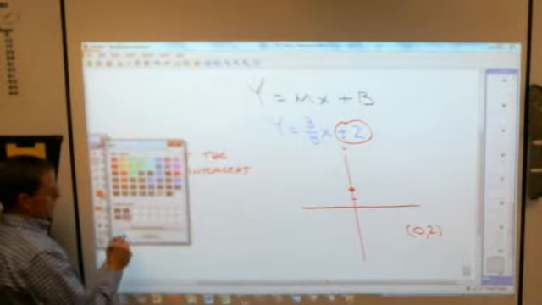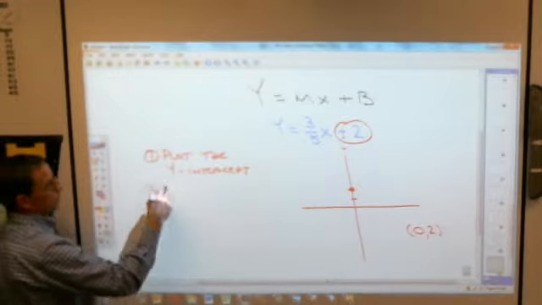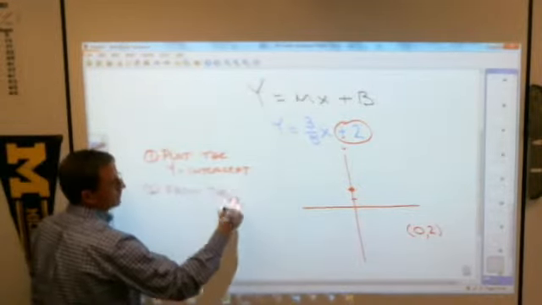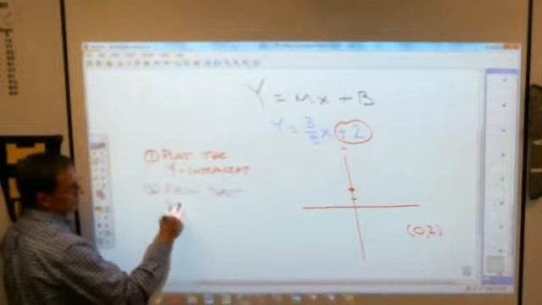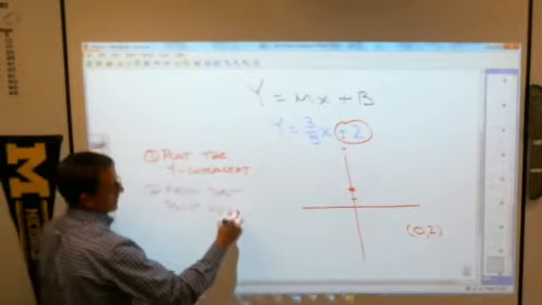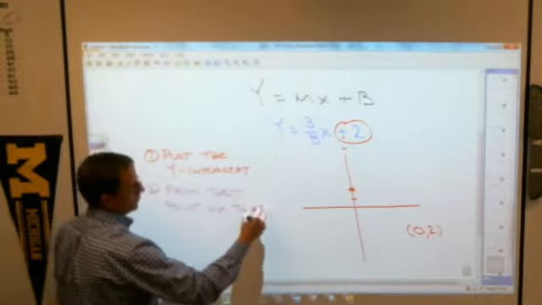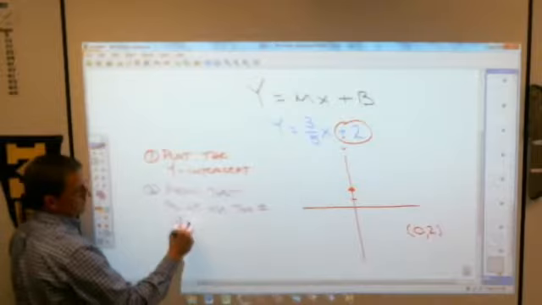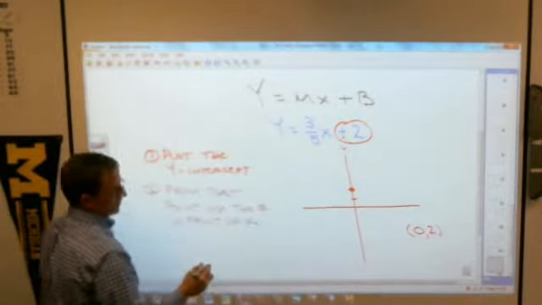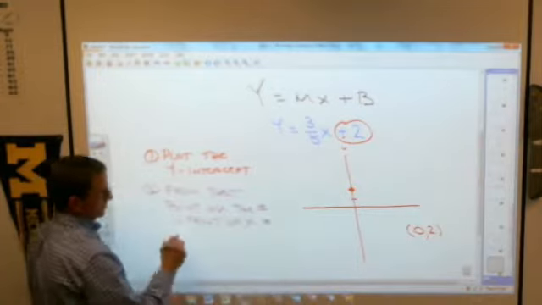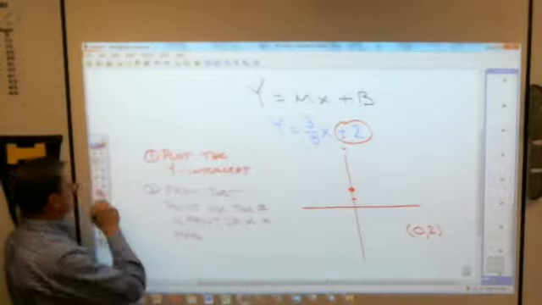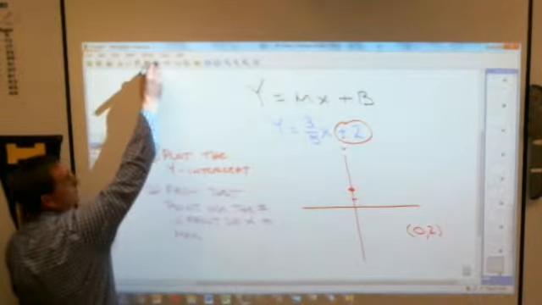Let's go purple. From that plotted point, use the number in front of x to make, I don't want to say a triangle.